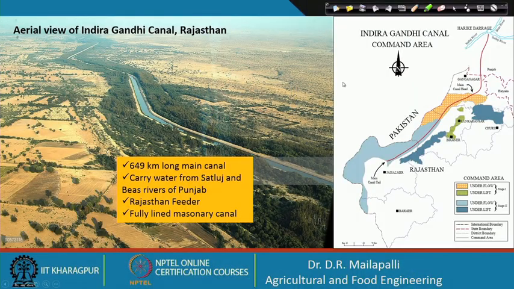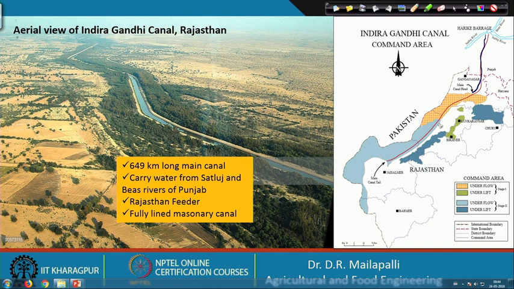Here if you look at this picture, this is an aerial view of the Indira Gandhi canal, Rajasthan. This is around a 649 kilometer long main canal. The canal starts from the Sutlej River and also the Beas river. It starts from here and then it passes through Punjab and then Rajasthan.